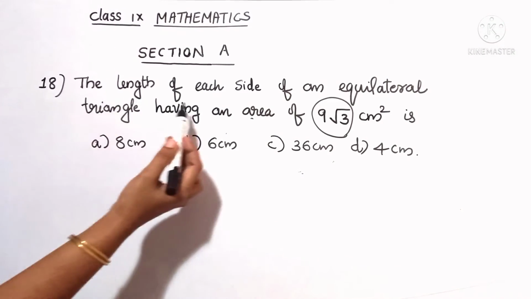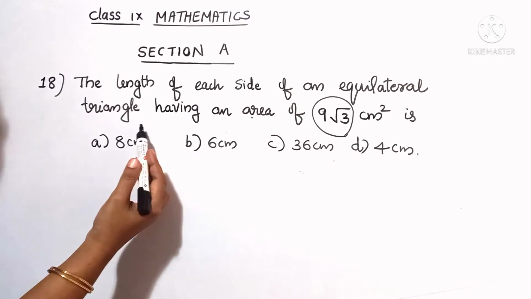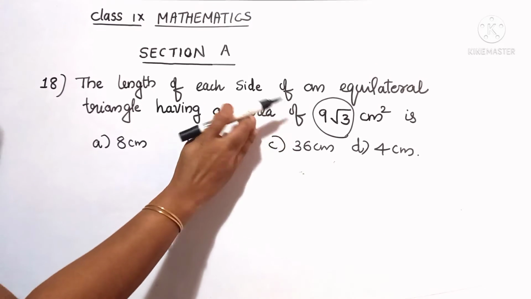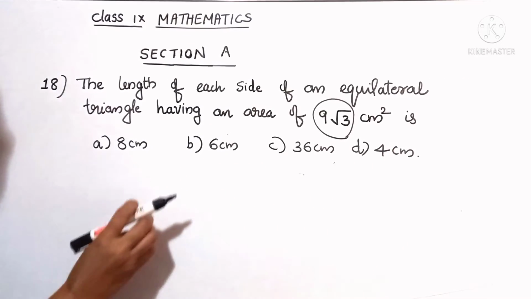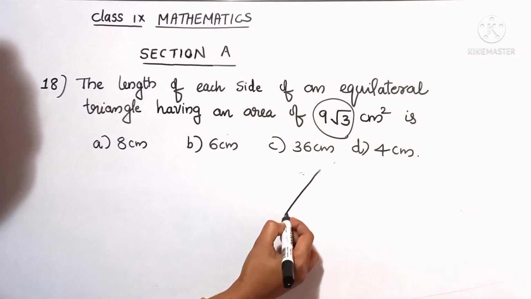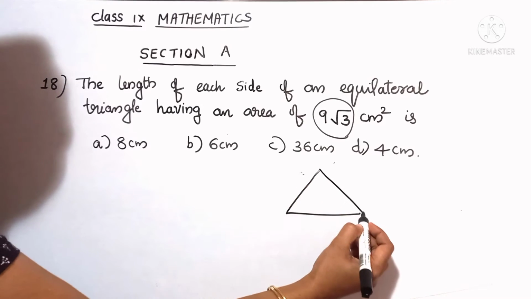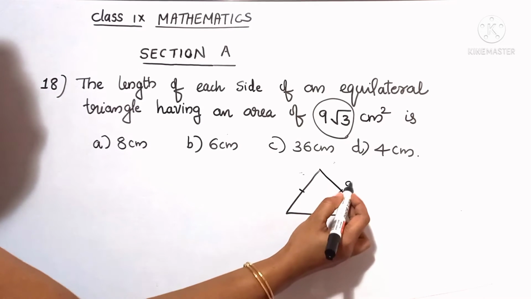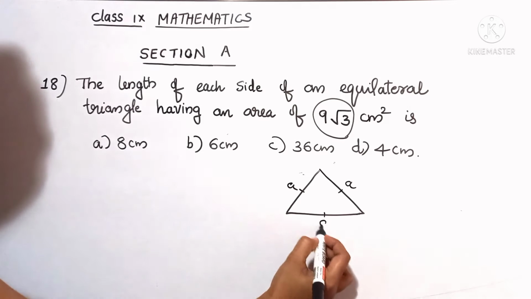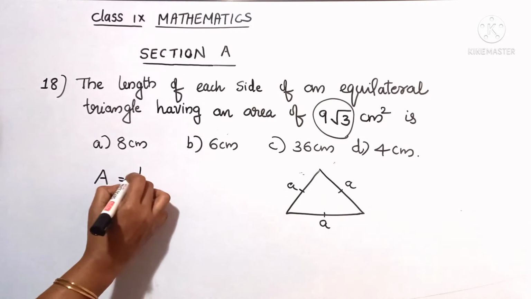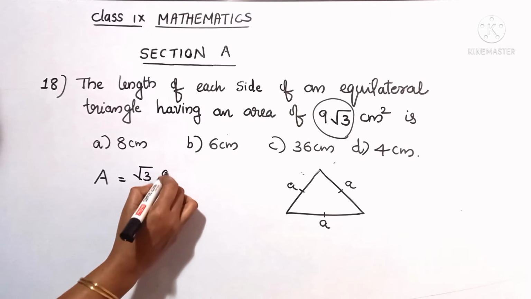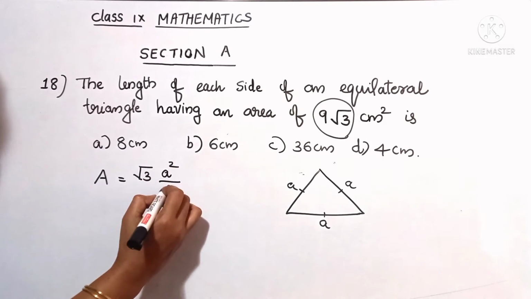Question number 18. The length of each side of an equilateral triangle having an area of 9 root 3 centimeter square is, we have to select the correct one from the options. We know that if a is the length of the side, then the area of an equilateral triangle is root 3 a square by 4.